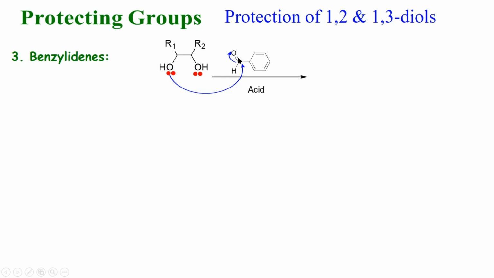That's why it makes a positive center. To satisfy the positive, the electrons move onto oxygen, and that gives away as water molecule. And on this positive carbon, the electrons get attached, and we get the benzylidines. The two OH groups at 1,2 position or at 1,3 positions can be protected from further reactions.